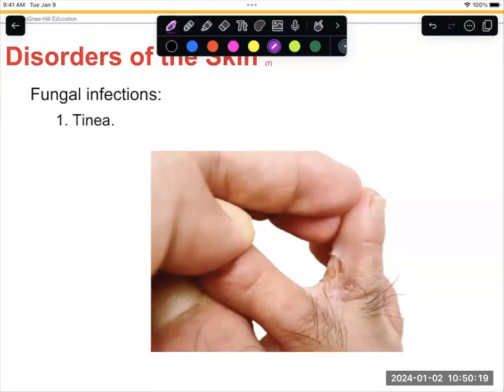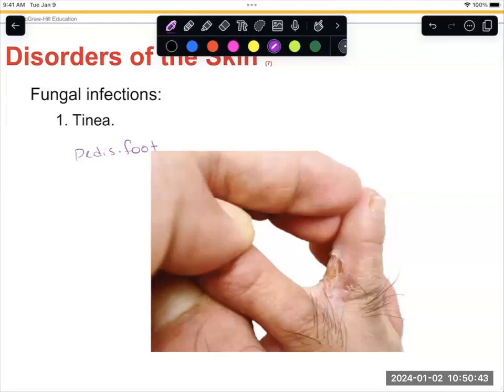We have some that live in hair, some in nails, like Tinea pedis for the foot. This is known as athlete's foot.